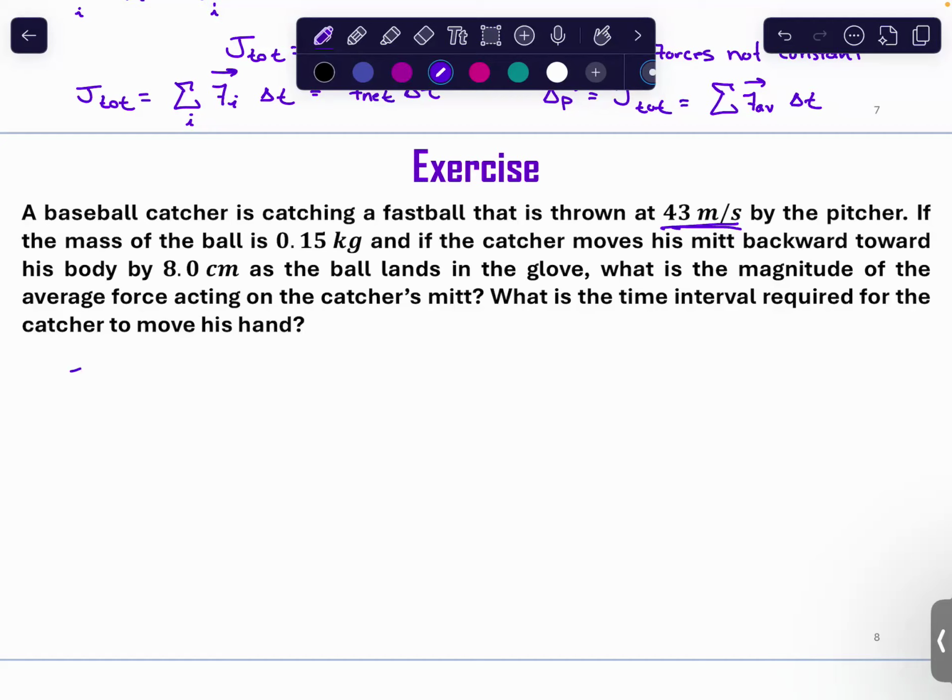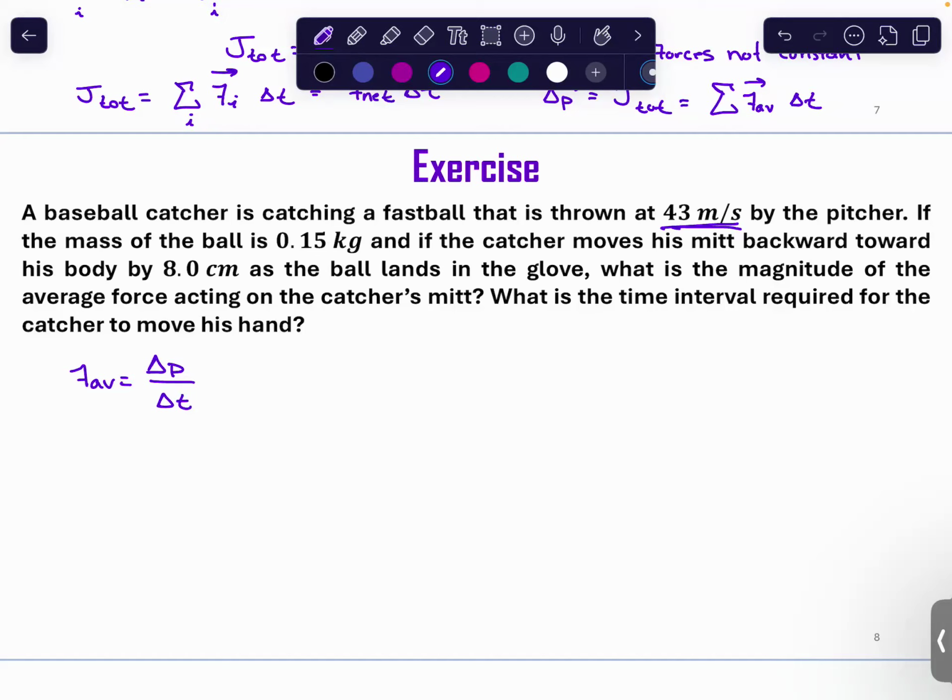Now we're going to talk about how you would solve this in a different way, because AI can give you a hint, but you need to think about this and solve it in a way that you can do too. Actually, we can assume that the final velocity is 0, but we're not doing that. We've never solved anything that way. So what's another way we could solve this if the catcher is moving his mitt over 8 centimeters?